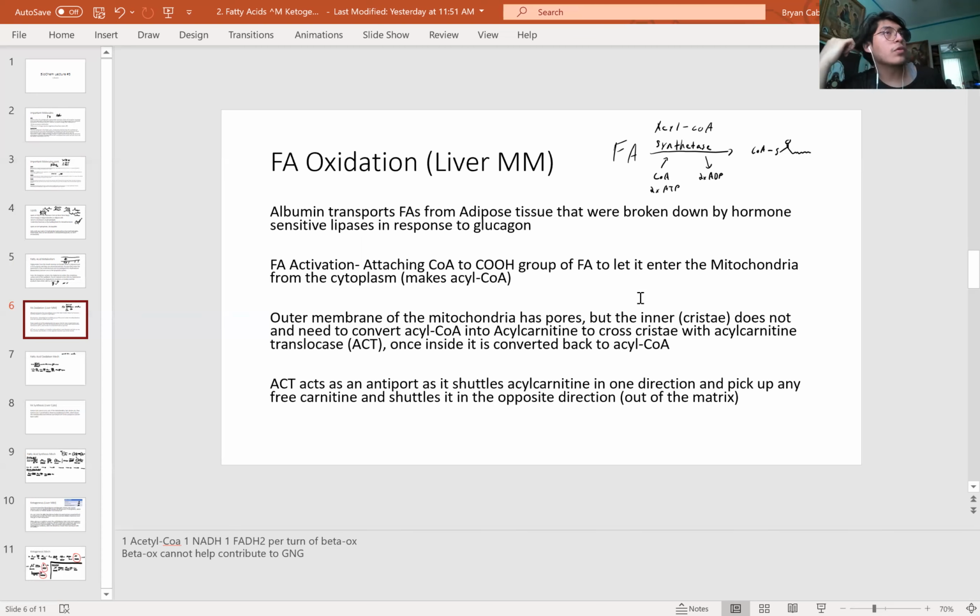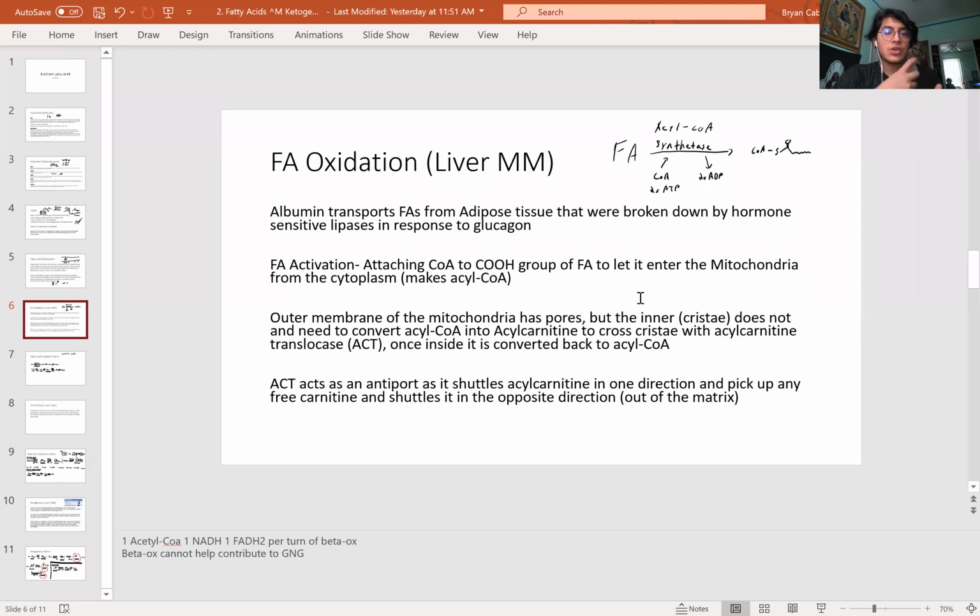And so the production of acetyl-CoA from your fats only occurs in the liver. Your liver is the blood glucose monster, the one that regulates everything. And the albumin is what's responsible for transporting that. So let's say you have fat on your body, and rather than the fat being oxidized right there, it's going to be broken down.